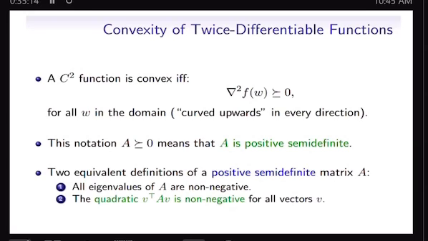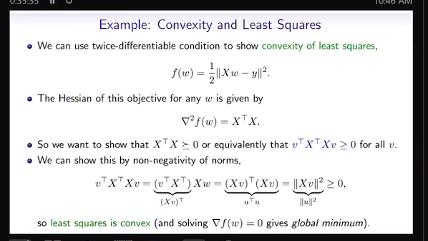Of course, when it is greater or equal to 0, we call it positive semi-definite. When it is strictly greater than 0, we call that positive definite. Of course, we can investigate all of this. Now, I want us to focus on least squares.